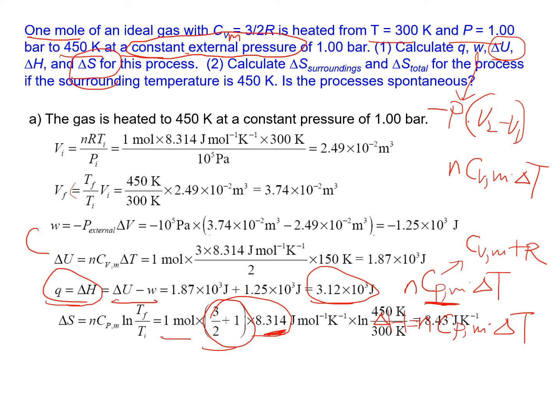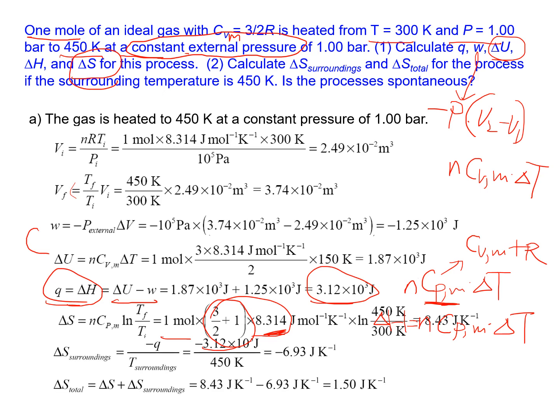Next, calculate the surrounding entropy. Surrounding entropy is the Q surrounding divided by T surrounding. Q surrounding is calculated as the negative of the Q system. That's why you have a negative 3.12 times 10 to the third power joule.